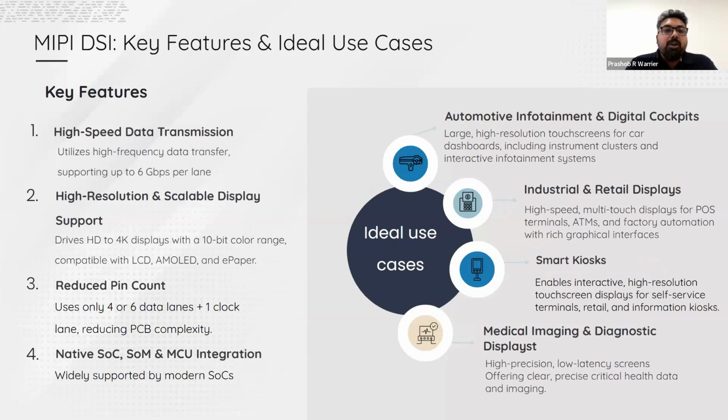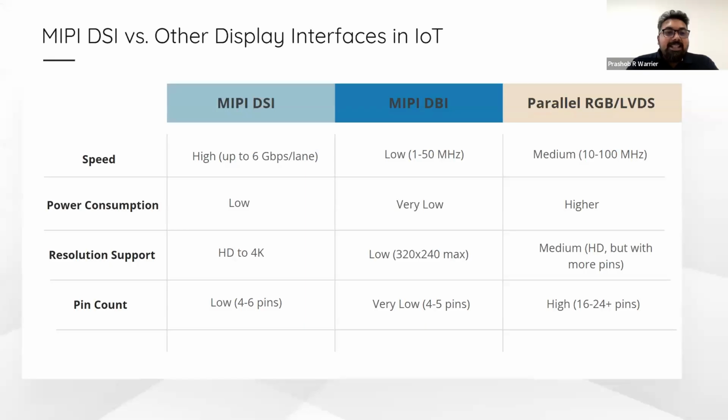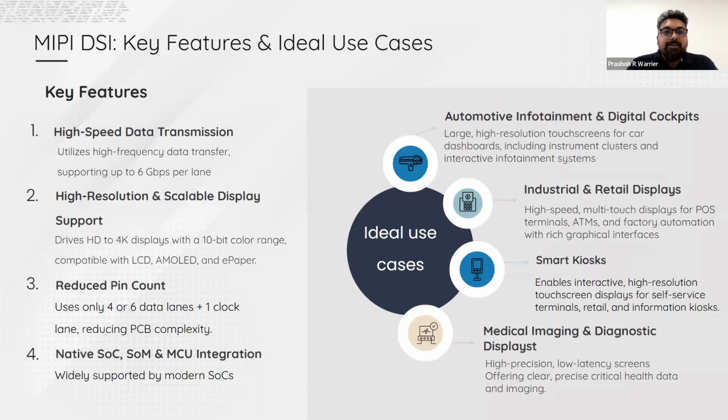It is compatible with all modern displays, that is AMOLED, modern high-capacitive LCD displays, as well as e-paper. Once again, DSI comes with a reduced pin count, using only 4 to 6 pins and one clock, which further reduces the PCB size and makes it very power efficient, while providing very high bandwidth for high-resolution applications.